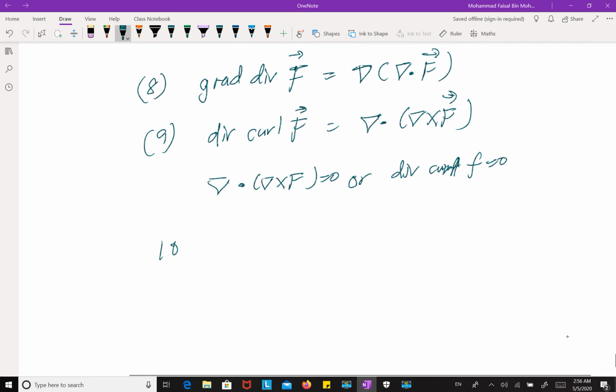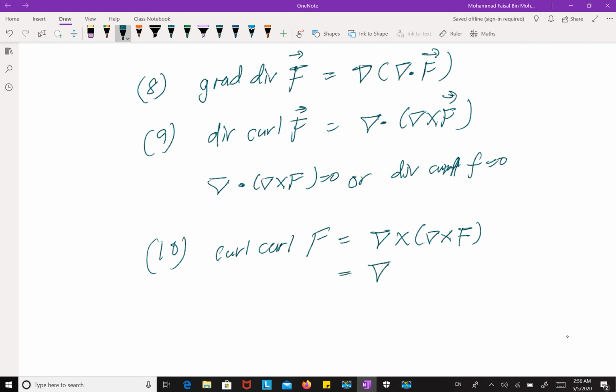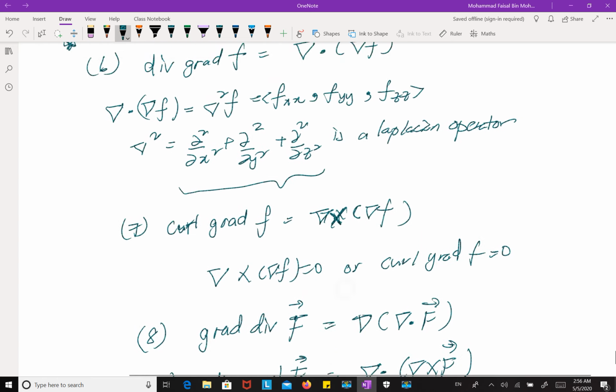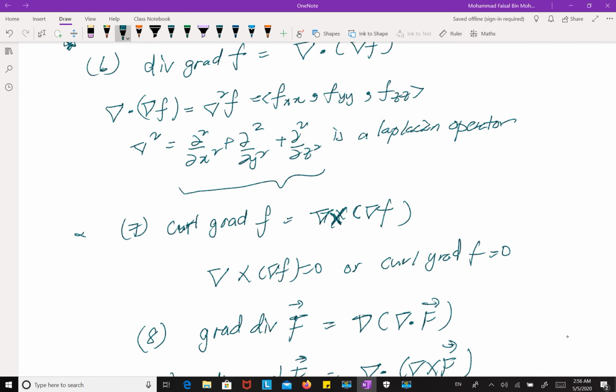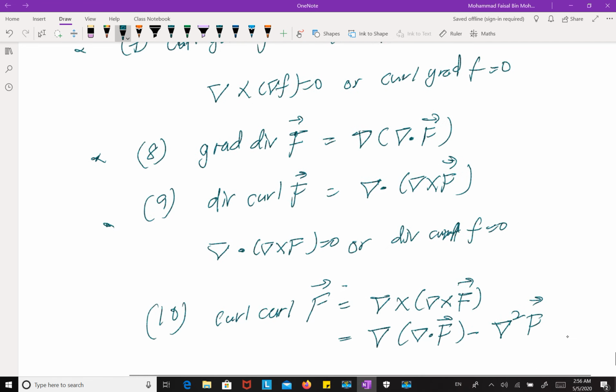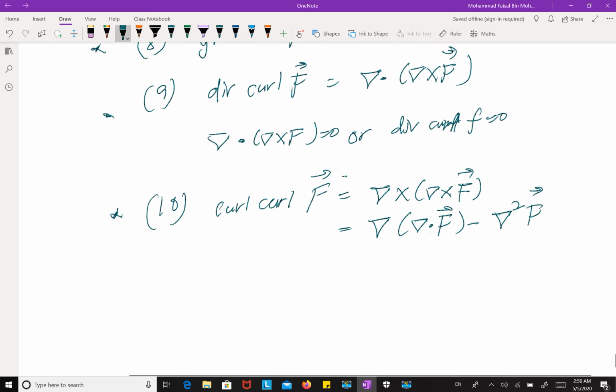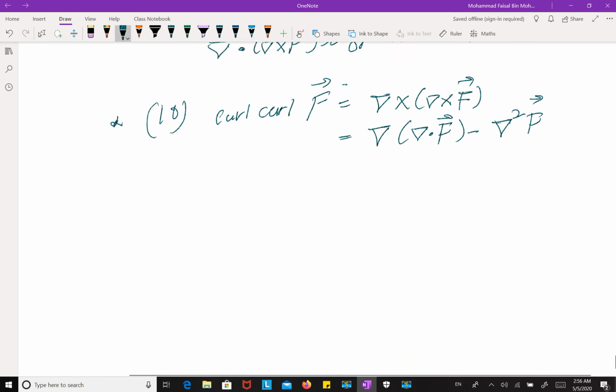Number 10, curl of curl F, so del cross curl F equals del dot F minus del squared F. Okay, so number 6 to 10 is so important. Okay, may come out for your exam or may not.